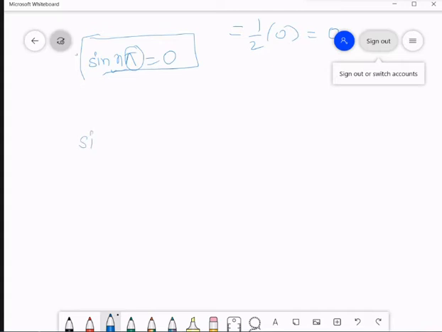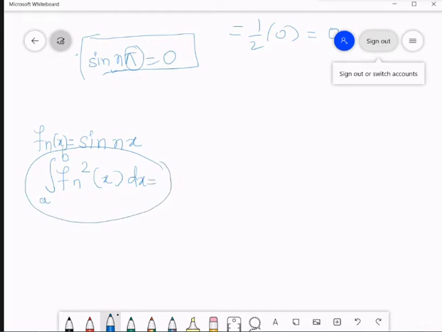Suppose I take sine nx, then I'll say that the norm of this general function should be 1. So I'll square this function. This is my fn x. So now I have to find the integration of fn square x from a to b dx. This is my expression that I'm going to evaluate, and I want this to be equal to 1. That is what we are checking.